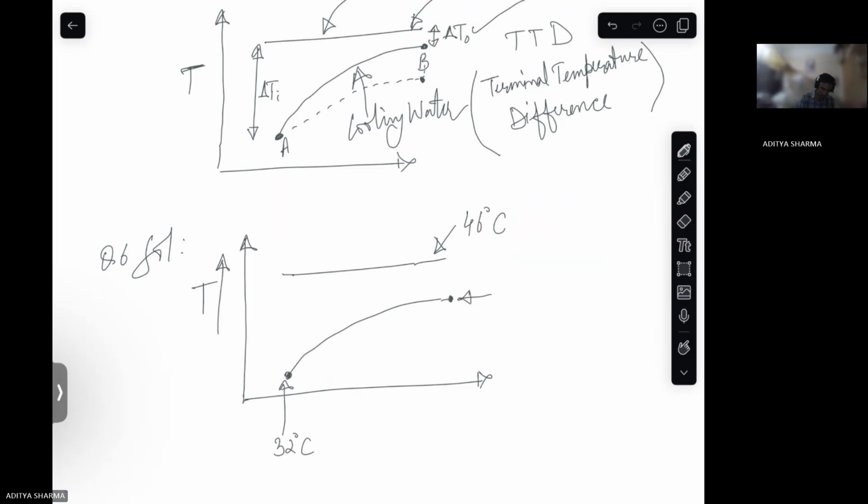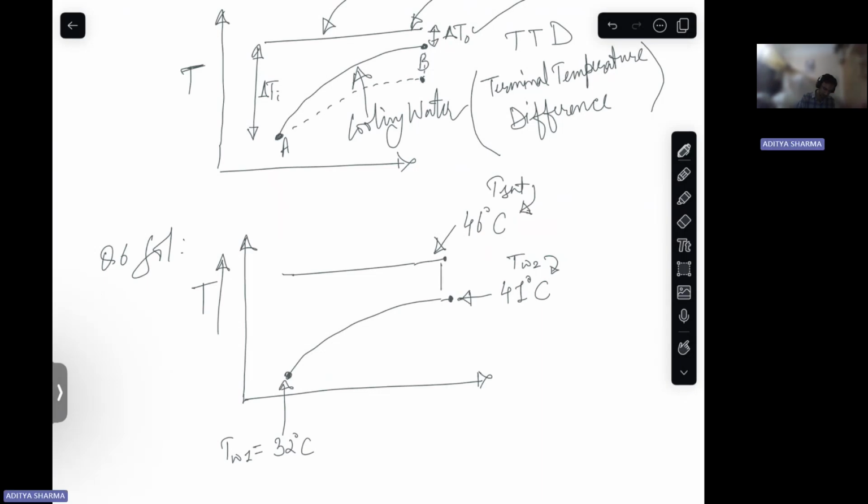Here it is 41 degrees Celsius. This is your TW1, this is your TW2, and here is your T saturated.